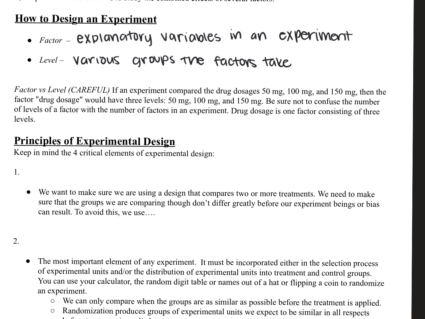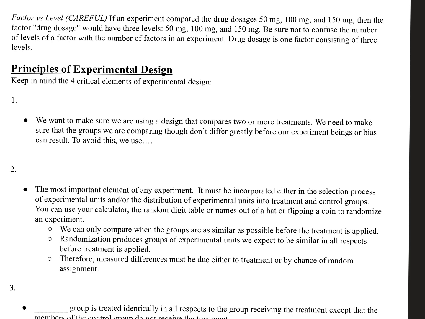Okay. So when you are performing an experiment or designing an experiment, there are four key things you want to make sure you are including. So the first one is comparison. So what that means is you want to compare two or more treatments.